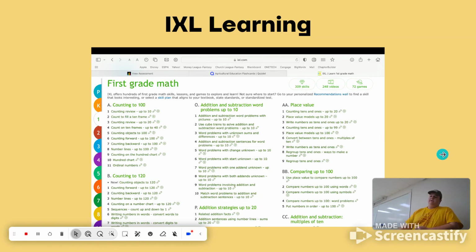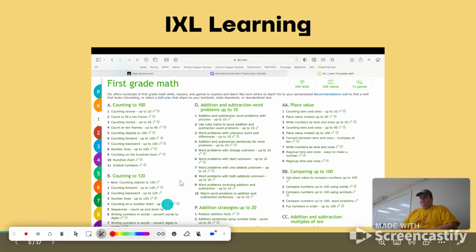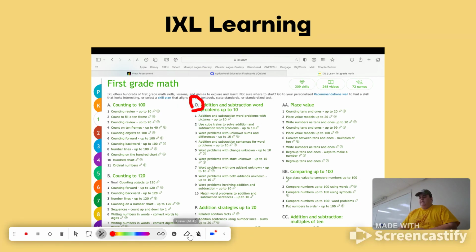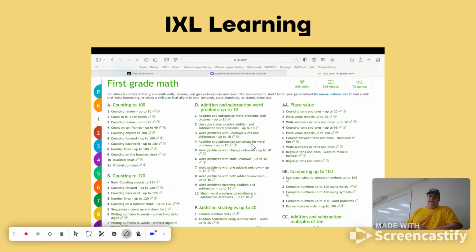So say I wanted to assign letter O to my students right here. I would say go in and do letter O 1 through 10. So basically addition, subtraction, word problems up to 10. Students can go in there and do them on their own time.